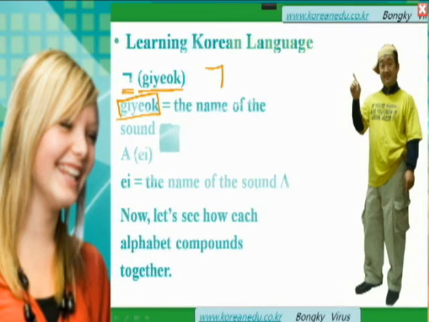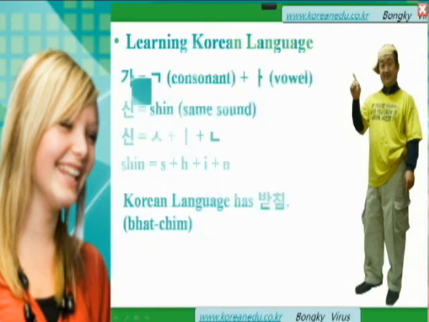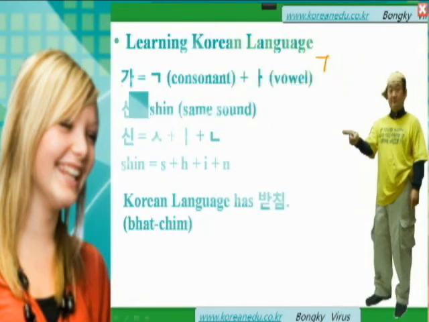It's a promise. As with the English alphabet A, what is this? Pronouncing code. A, this one is the name of the sound A. Then now, let's see how each alphabet compounds together. Okay, for example, the first consonant, 기역, and the first vowel, 아. These two compound together and it makes 가. 가.